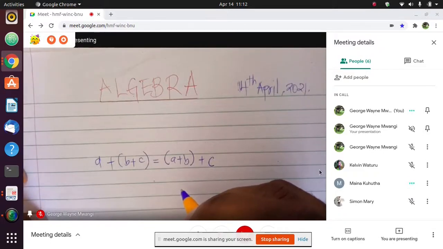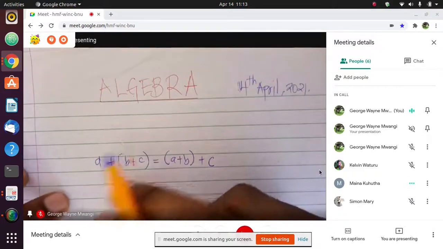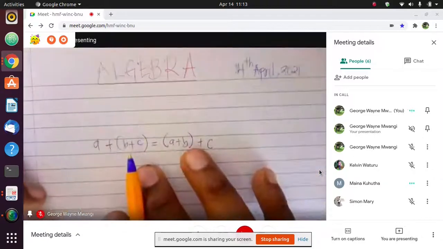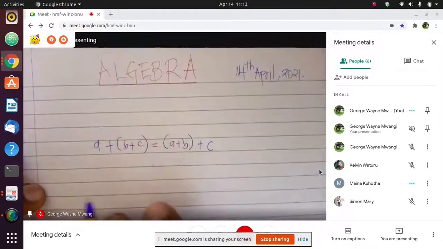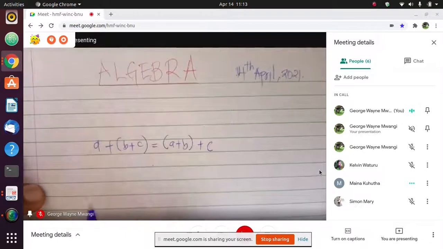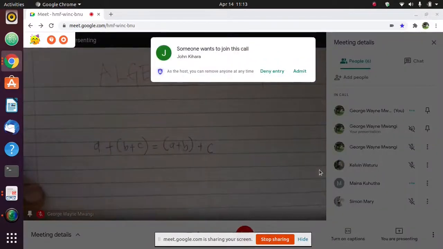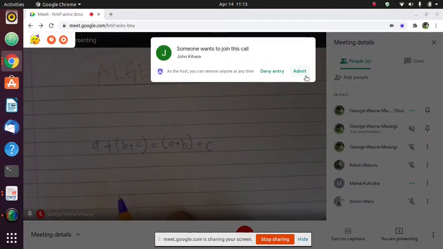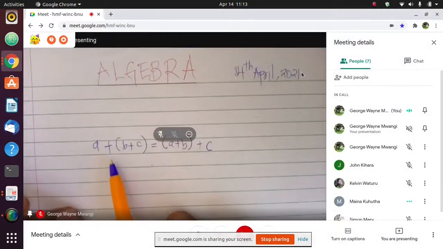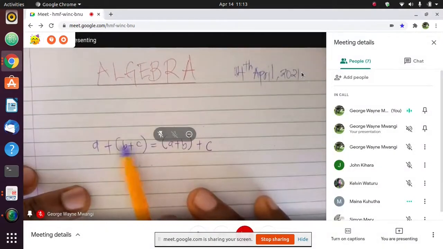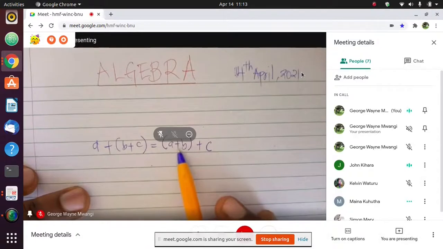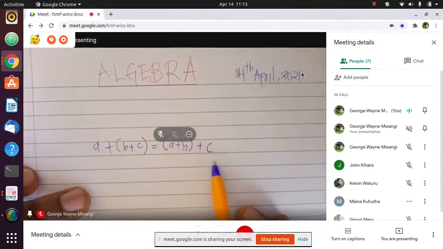Okay. Now I'm just going to list some of these mathematical laws that will still apply in algebra. a plus b and c into brackets is the same as a plus b brackets plus c.